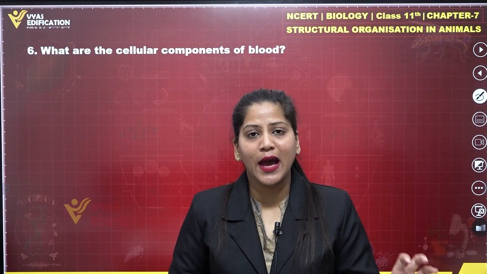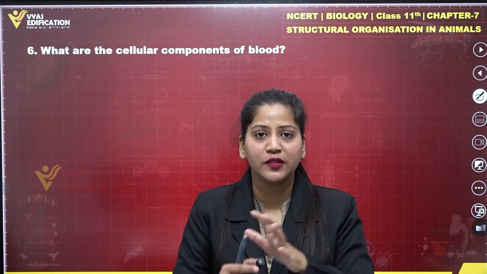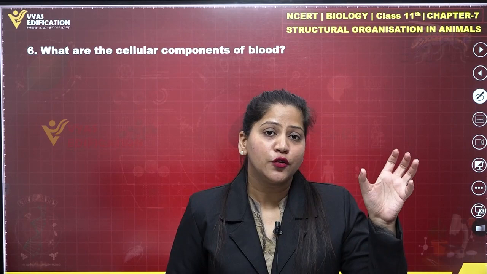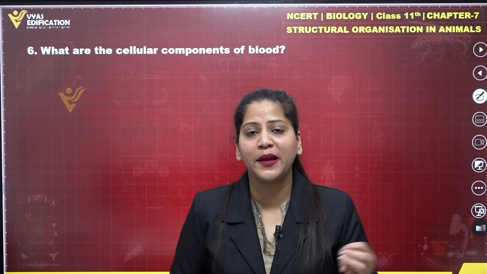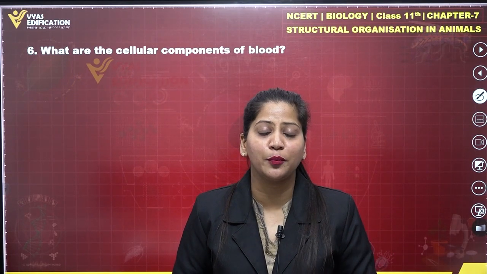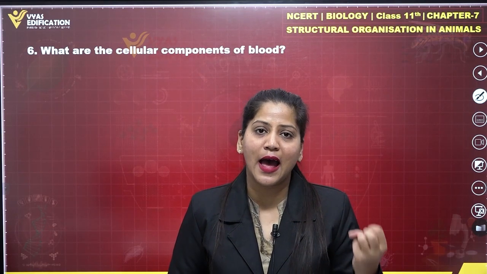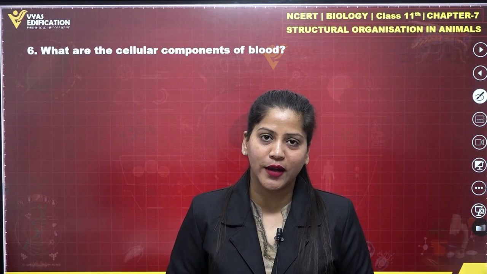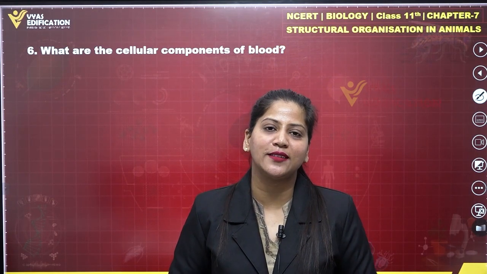In the granulocytes, three major types of cells are included, that is basophils, eosinophils and neutrophils. And in the category of agranulocytes, lymphocytes and monocytes are included.